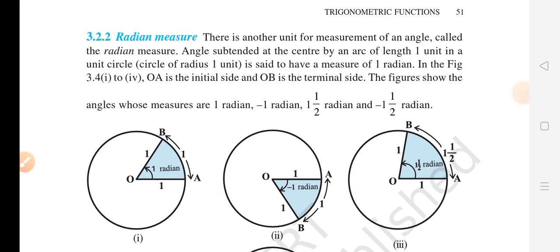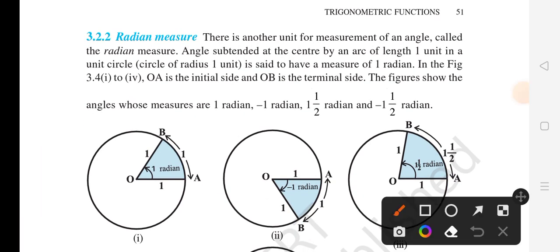Now we are going to understand radian measure. So let me repeat about degree measure. Degree measure is 1 by 360 of a revolution. If we have a revolution, then divide it into 360 parts, find out the 1 by 360 part, then that part will be 1 degree.